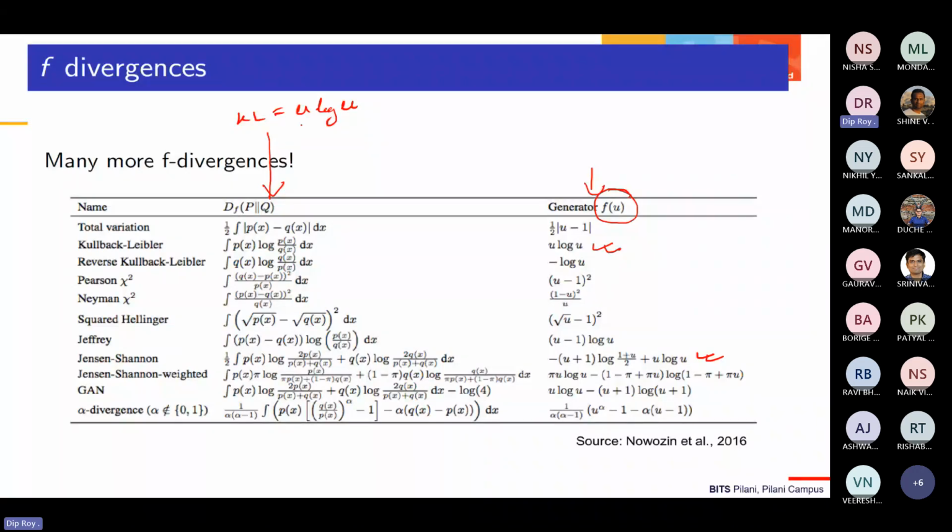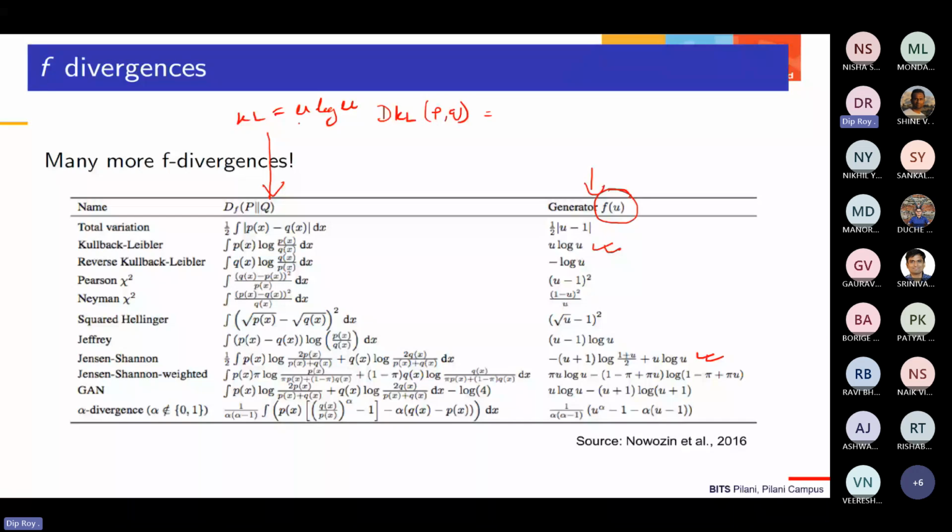The way in which we can go about it is, let's plug in the formula. So now if you put in DKL of P and Q, obviously, we can simply write this.